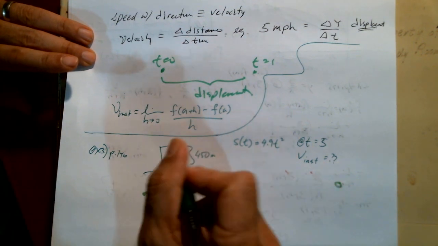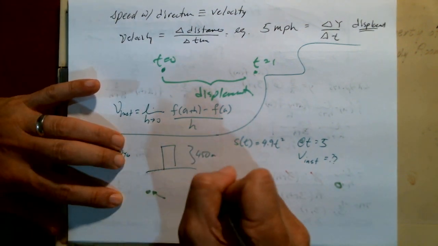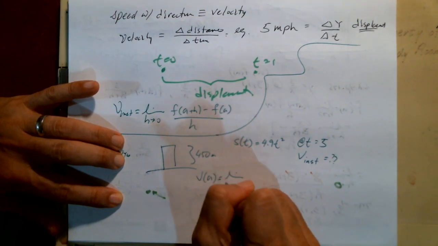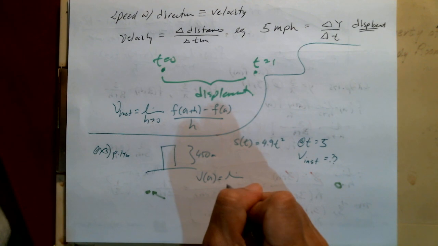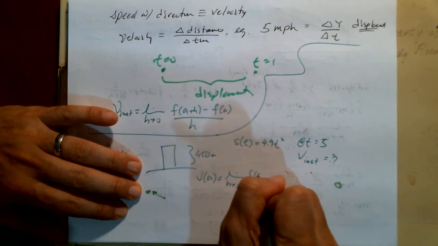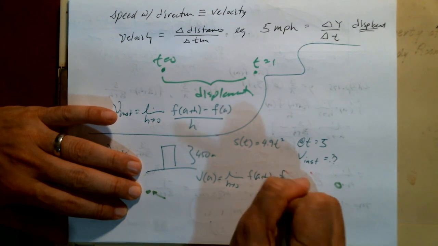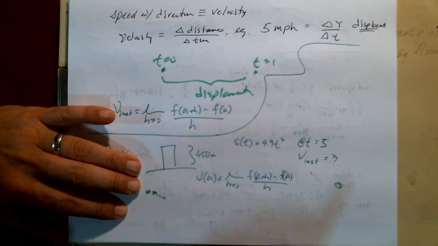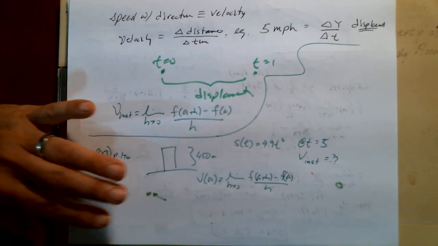So how do we do something like that? The velocity at a is equal to the limit as h approaches 0 of f of a plus h minus f of a all over h. Our a value is this value right here, 5.